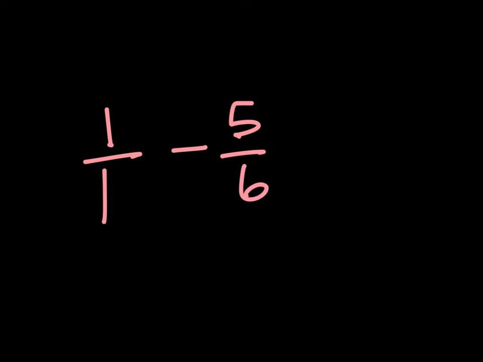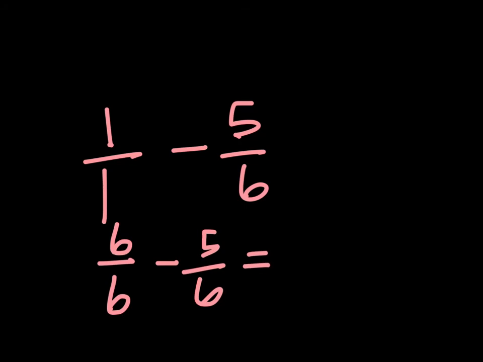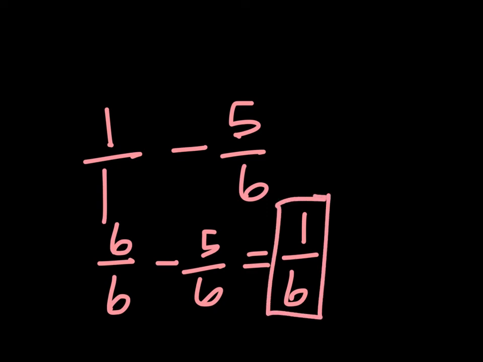Our common denominator in this problem is going to be 6, because we know that 1 times 6 is 6. So this is really saying I have 6/6 minus 5/6, which is going to give me a difference of 1/6. So how much pizza is left? Hopefully you said 1/6 of the pizza is left.